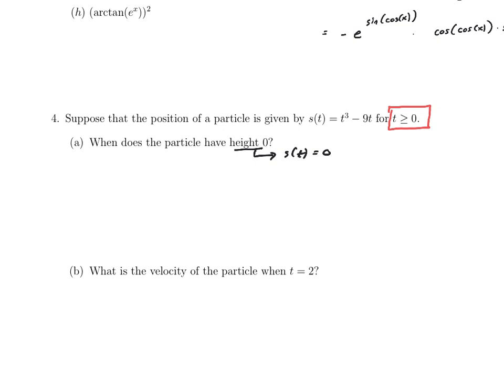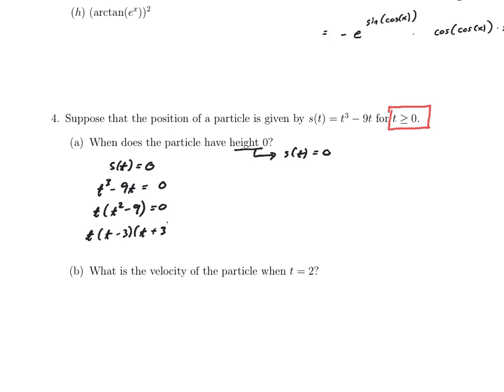So we have s of t equal to 0 precisely when t cubed minus 9t is equal to 0. I can factor t out of that, and get t times t squared minus 9 is equal to 0. So we get t times t minus 3 times t plus 3.